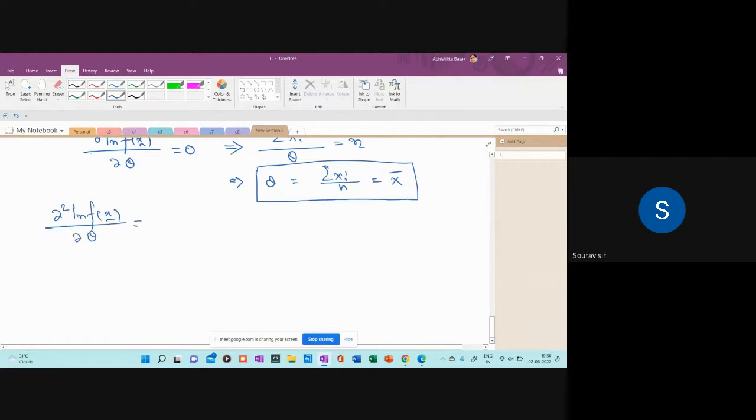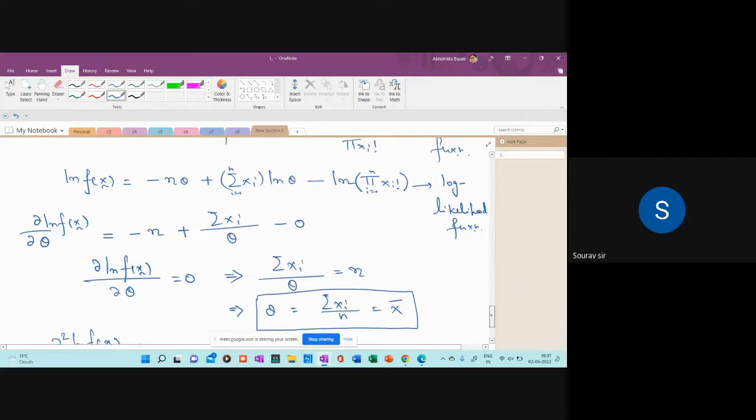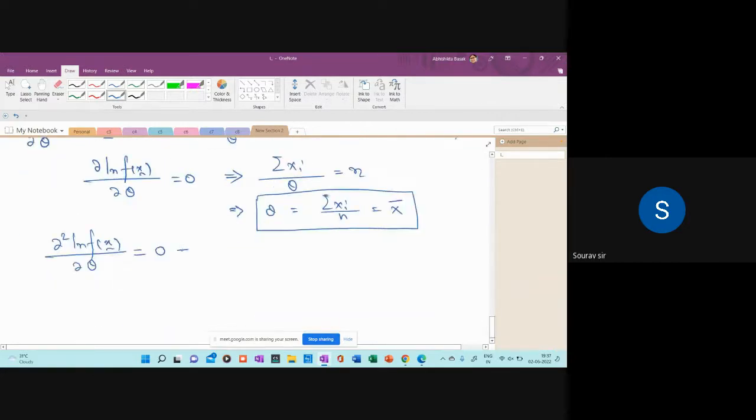likelihood function, which is going to give us minus n for 0, and then there was this function, then we are going to have plus summation xi, and for 1 by theta we are going to have minus 1 by theta square. So ultimately we are having minus summation xi by theta square.